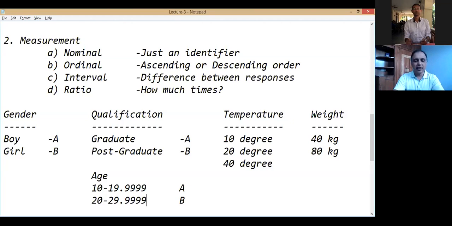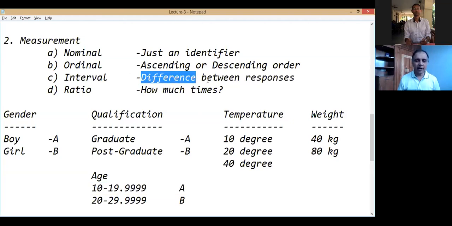All I can say is that A is lesser in age than B. I cannot say how much is the difference between the two. First thing, can you tell me what is the exact age of A? He or she said, my age is between 10 to 20. And my question is, how much is the exact age of A? You can't tell me. So what is the interval measurement then?